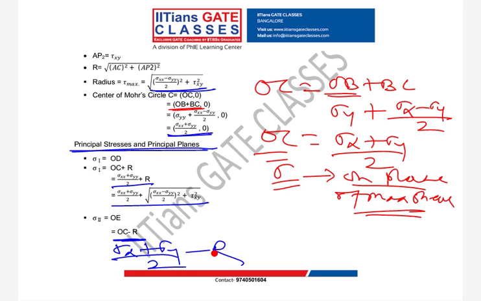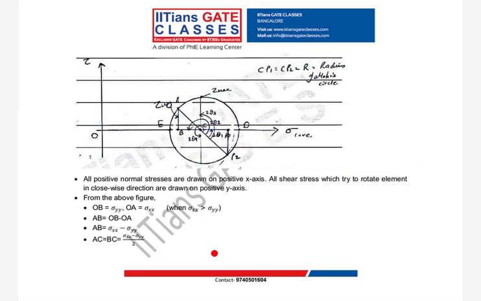So we got principal stresses. Now one important thing which I want to explain, I will erase everything here. How will you measure your theta 1 and theta 2 from here? What will be my reference plane in this Mohr circle? Anyone?